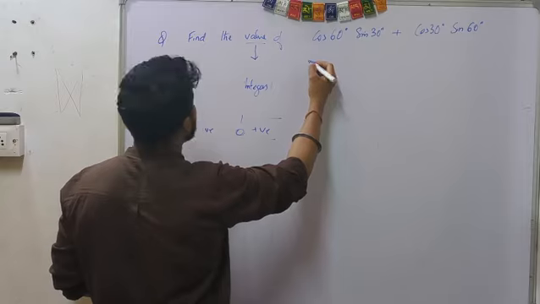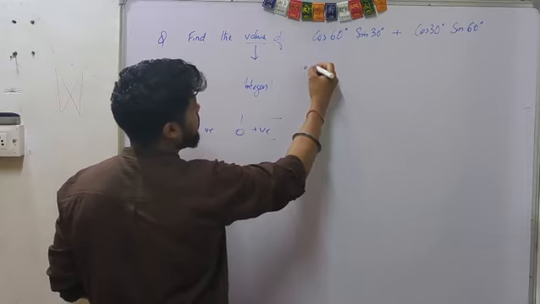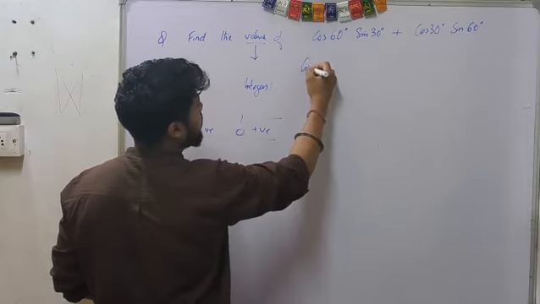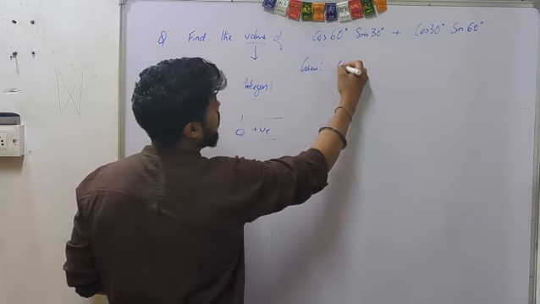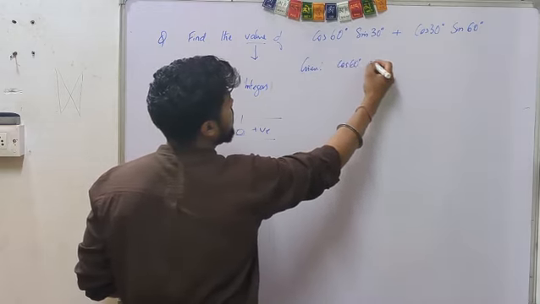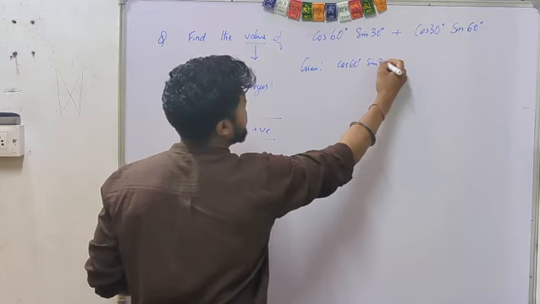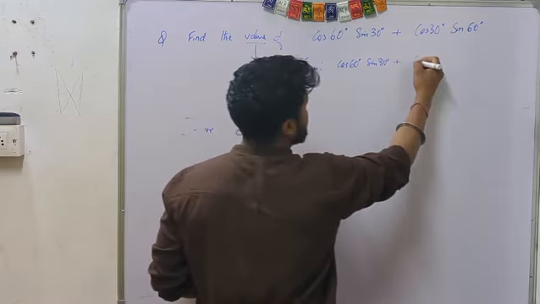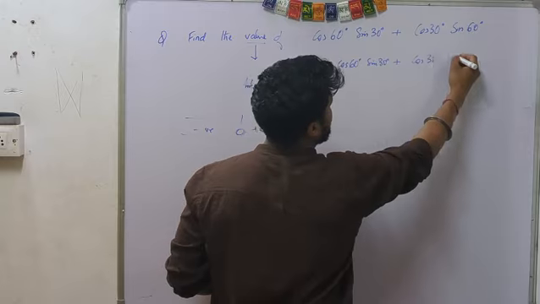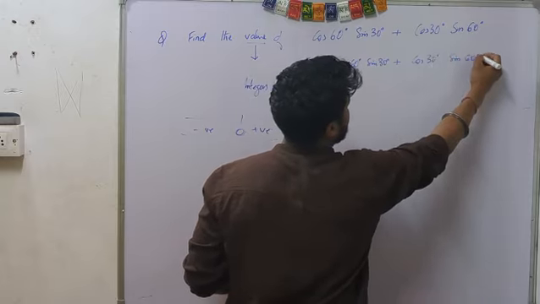Basically we'll start with what is being given. You'll write given: cos 60 degree sin 30 degree plus cos 30 degree sin 60 degree.